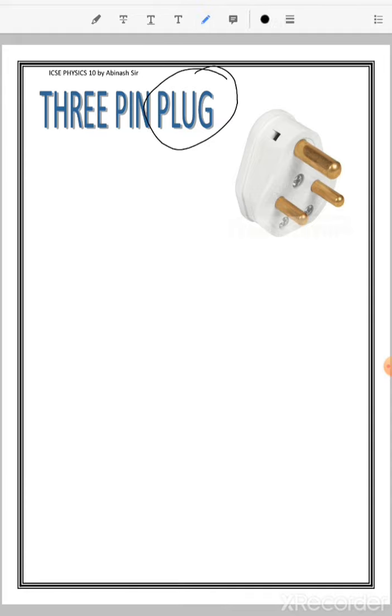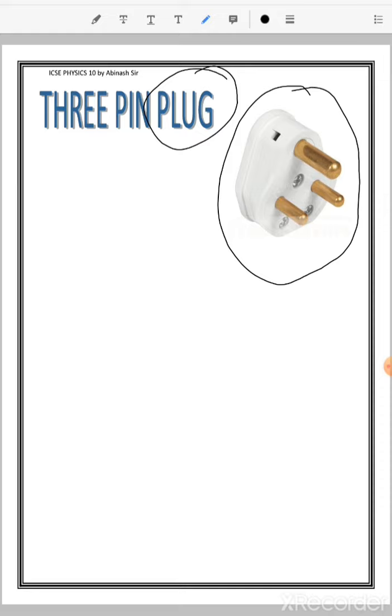A plug may be of two types. One is a 2-pin plug where you can find only 2 pins on it. There is no earth pin on those 2-pin plugs, and the other one is your 3-pin plug, as the one that I've shown you here in the figure. 3-pin plugs are used mainly with the heavy appliances, or you can say the appliances which use heavy power.